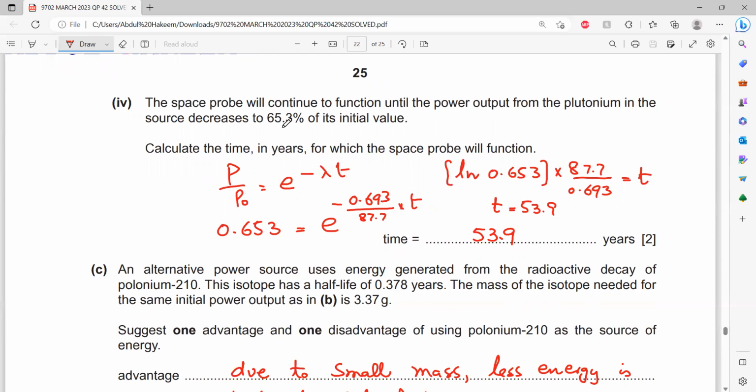This P over P naught ratio is given as 65.3%, that is 0.653, and this lambda is 0.693 over half-life, multiplied by time. Now, after calculation, taking ln and using 87.7, you will get 53.9 years, approximately 54 years. Because the half-life is given in years, the time will be calculated in years.